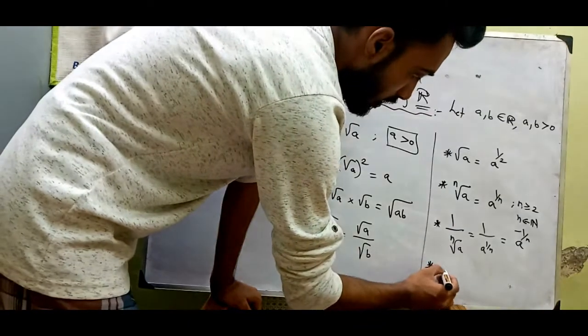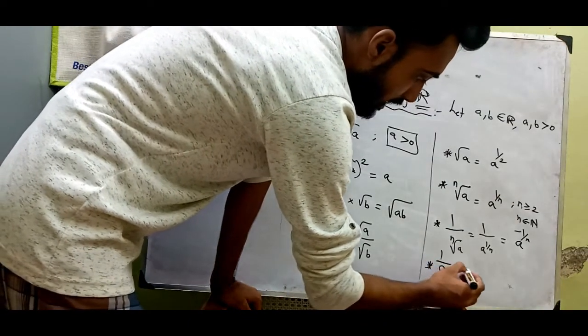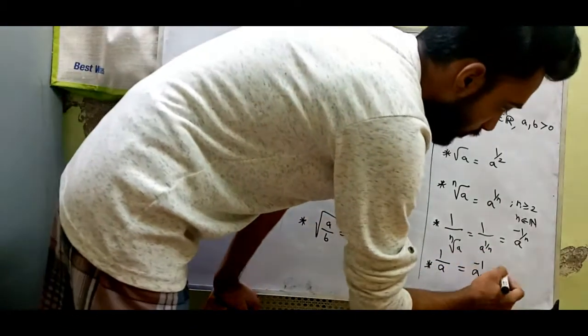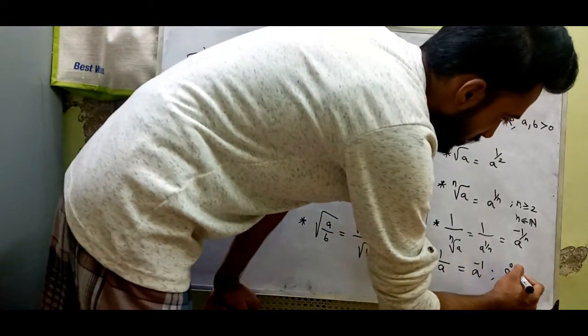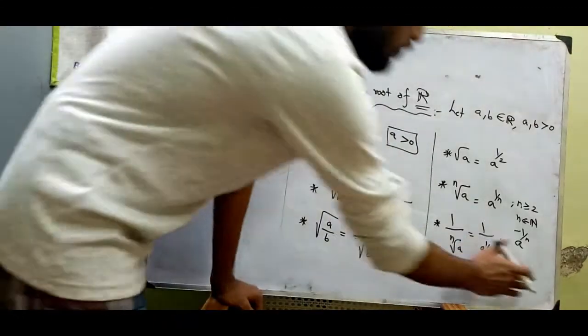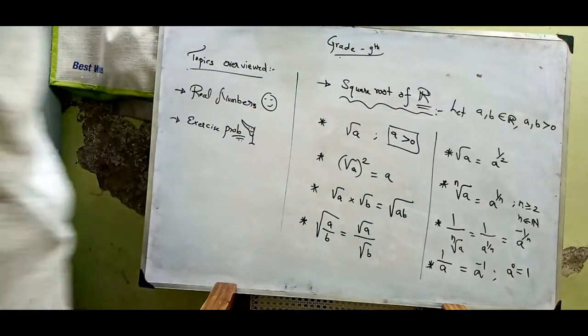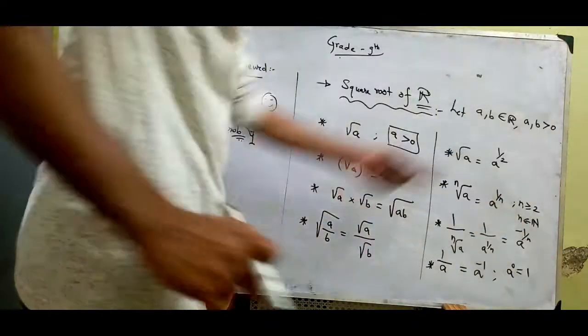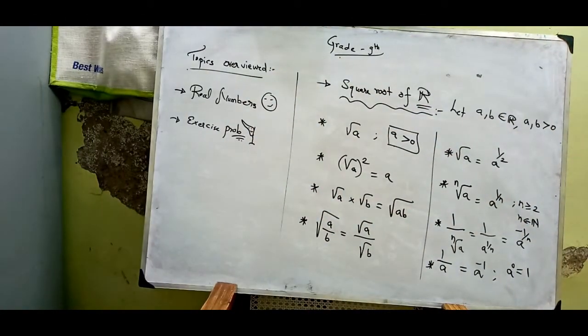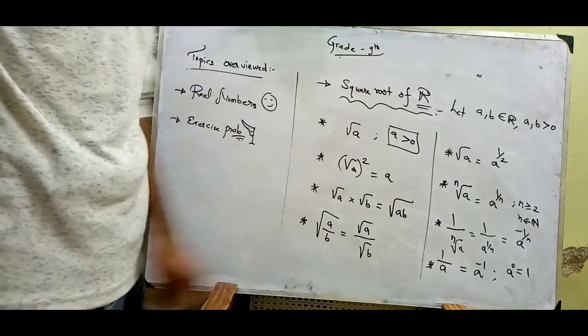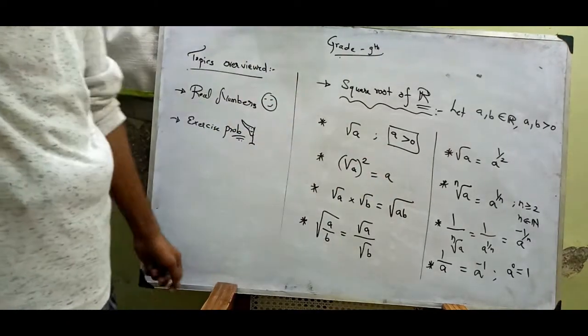In fact, 1 divided by A can be written as A to the power minus 1, and A to the power 0 is 1, sorry. Provided A is positive, for everything, A should be positive. Note this; these are very important results which we use.